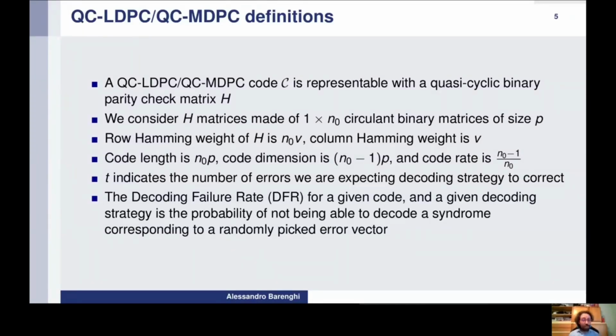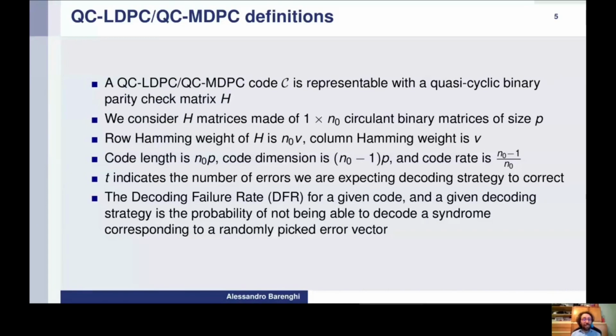So the row weight of the matrix is n0 v, and the column weight is obviously v because it's a tiling of circulant blocks, and this is 1 block high. The code length is just n0 times p, the size of the matrix, and the code dimension is (n0 minus 1) times p. So I'm picking the particular case where the code rate is always (n0 minus 1) over n0.